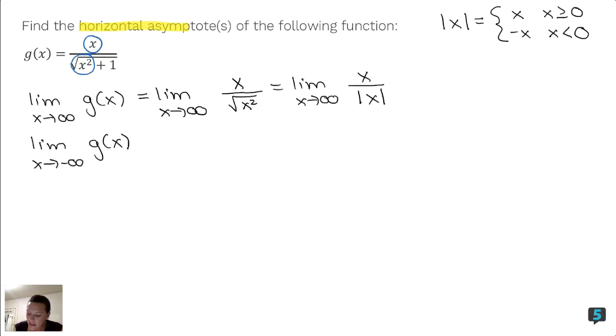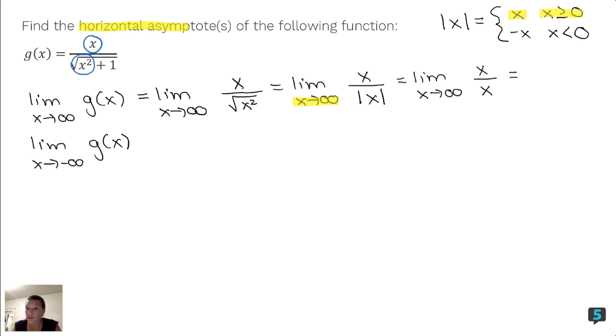If I am taking my limit as x approaches infinity, the piece of this absolute value function that I'm going to use is going to be x, because x is greater than or equal to 0 as I go to infinity, okay? So I can take this one step further now and say, based on my knowledge of the absolute value function, this is the same as the limit as x approaches infinity of x over x.